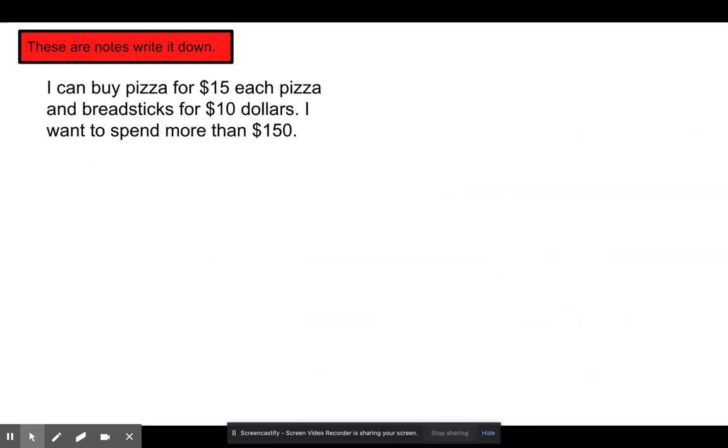Let's look at a two variable. I can buy pizza for $15 each pizza and breadsticks for $10 each. Let's see our two variables. X will be pizza again. Y can equal breadsticks.